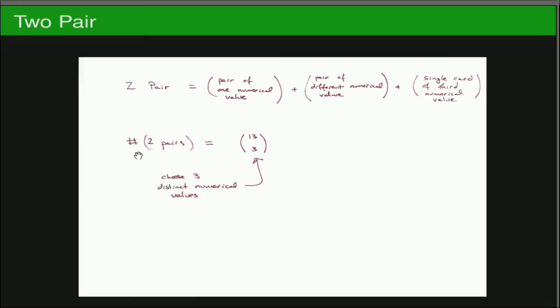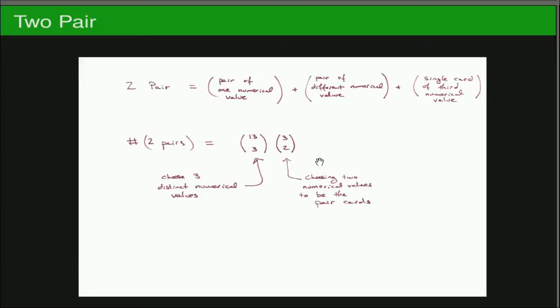So if we want to get 2 pairs, one way of calculating this is to say, alright, we need 3 different numerical values. So of our 13 possible numerical values, we're going to choose 3 of them. Now, of those 3 that we've chosen, we need to choose 2 of them to be the ones that we're going to use to get the pairs. So 3 choose 2.